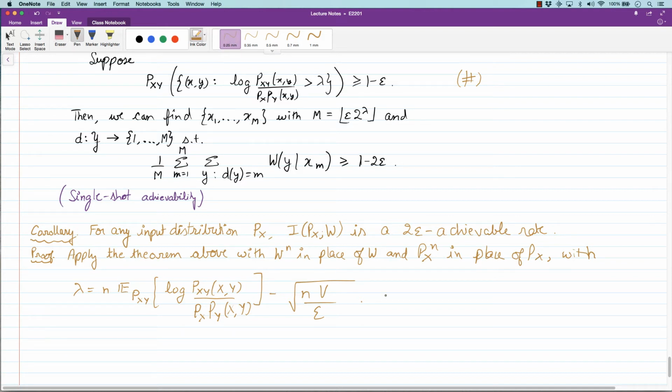By Chebyshev's inequality, it holds for this choice of lambda.